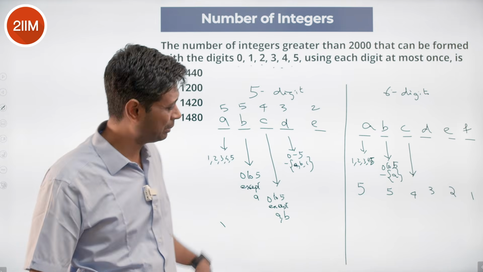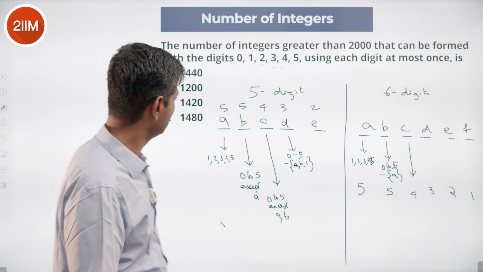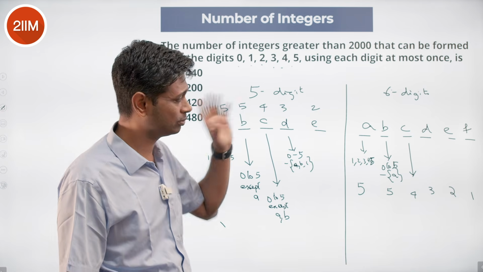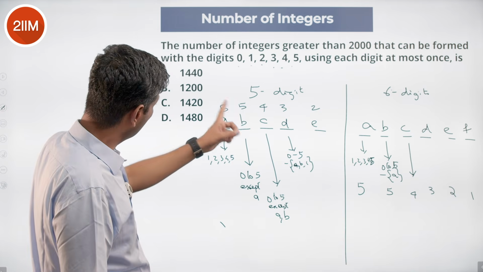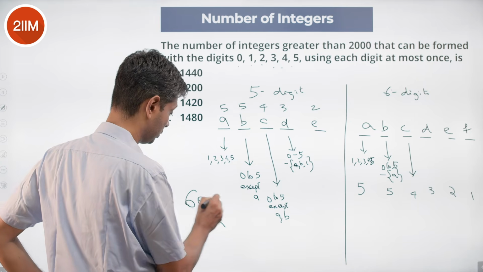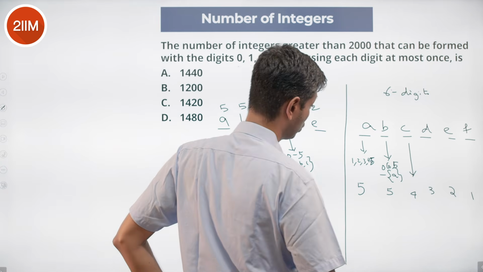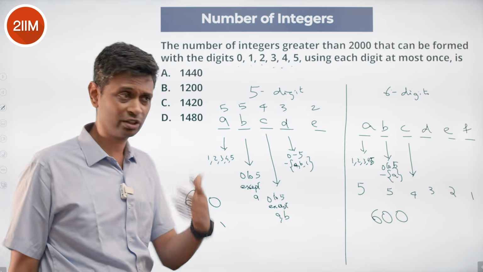It will be 5 into 5 into 4 into 3 into 2 into 1. Compared to the 5-digit case, both are the same, with an additional 1 there. That's it. 5 into 5, 25. 25 into 4, 100. 100 into 6, 600. So 600 5-digit numbers, 600 6-digit numbers.